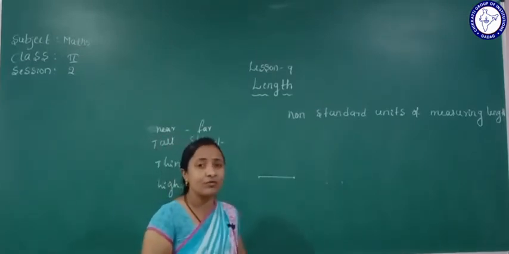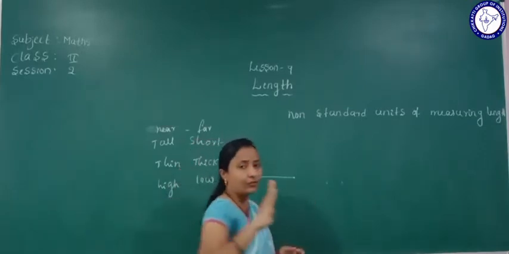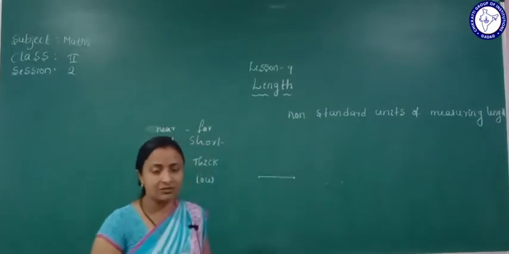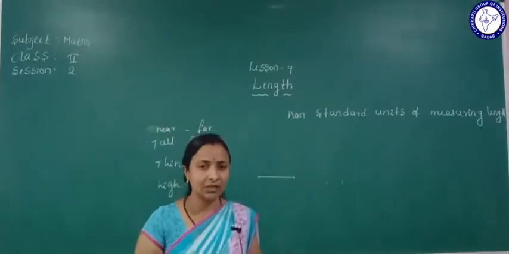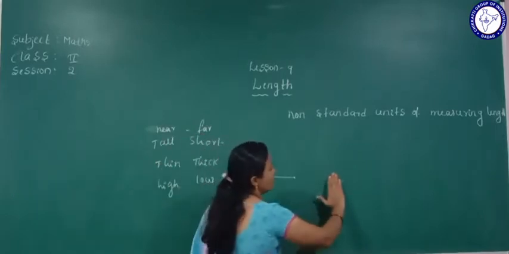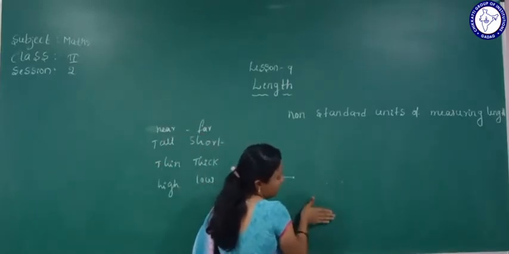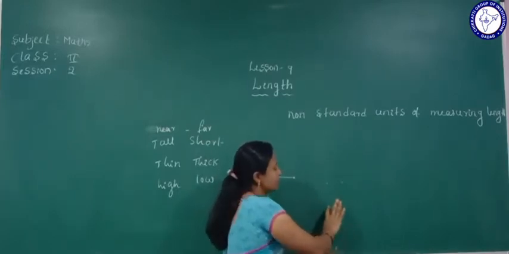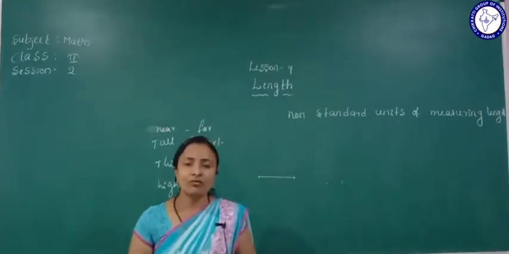So how much will you fold it? You will fold about 4 fingers and stitch that. It will be correct for me, you will tell them. So we call this 4 fingers, and here also we can measure this much, 4 fingers.